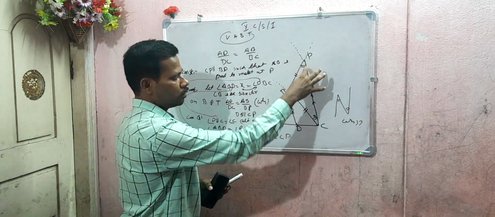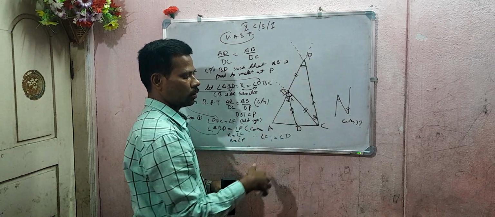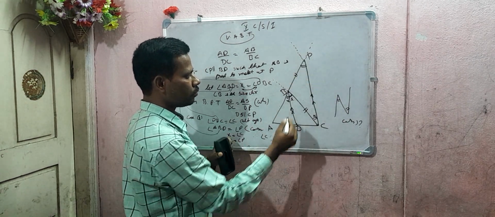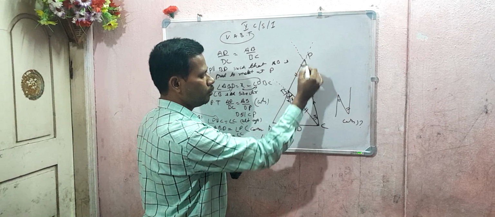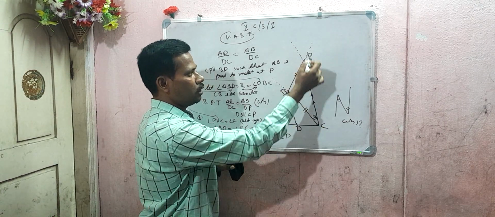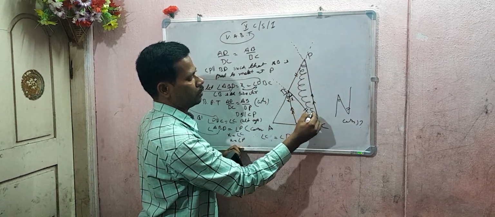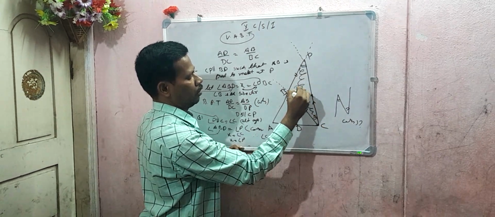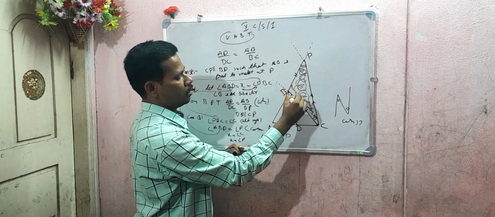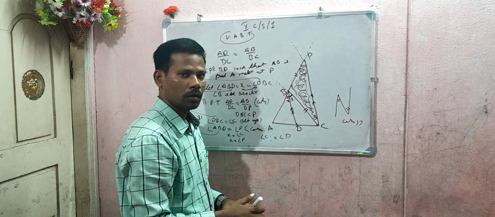Now look at this diagram carefully. Not ACP, BPC. Now consider triangle BPC.